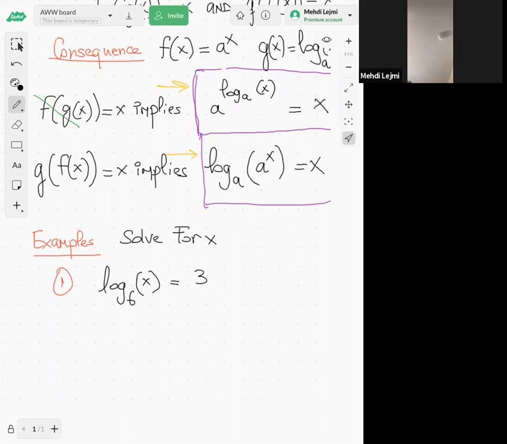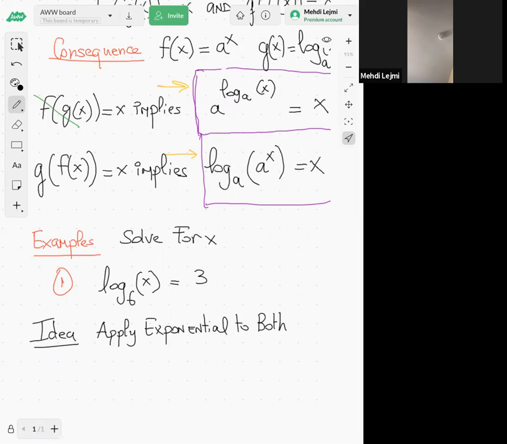Your log needs some variable, right? It's log of something. So this is log of my x. Now I want to get rid of this log, right? I want to solve for x. The idea to get rid of the log is to apply the exponential to both sides.